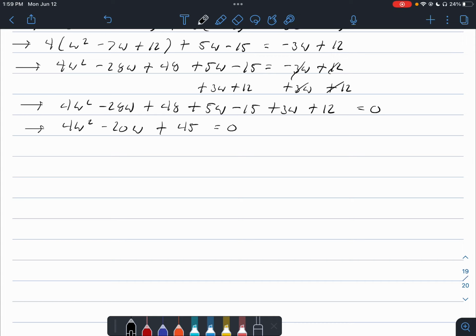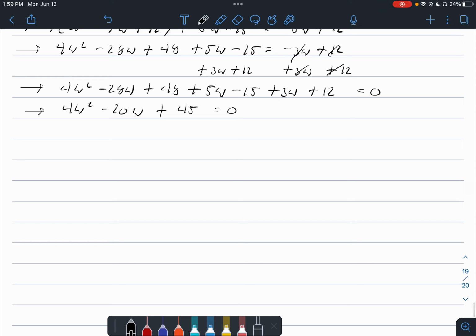Now, I think probably our best bet here, again, is to go ahead and use the quadratic formula. So we'll have x is equal to negative b, so negative 20, plus or minus the square root of b squared, so negative 20 squared, which is 400, minus 4 times a, which is 4, times c, which is 45, all over 2 times 4.